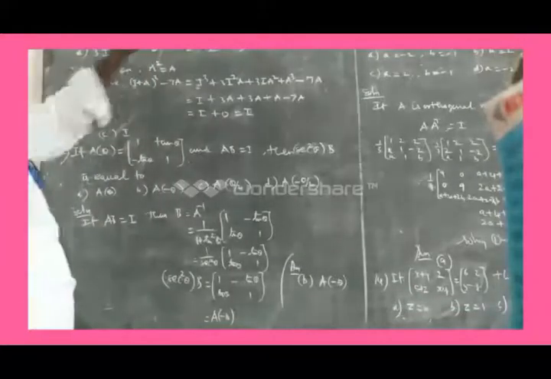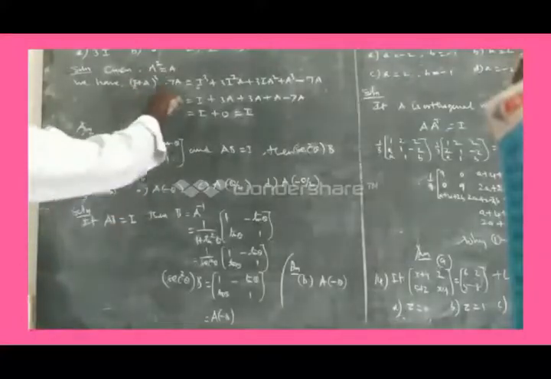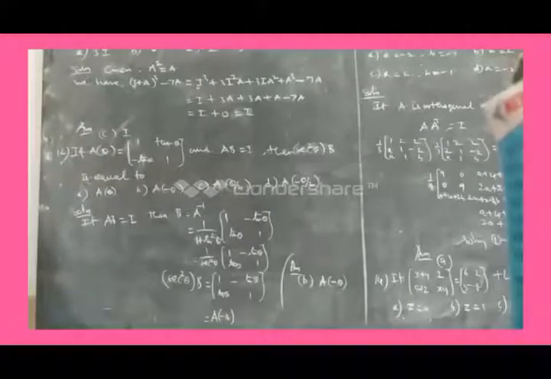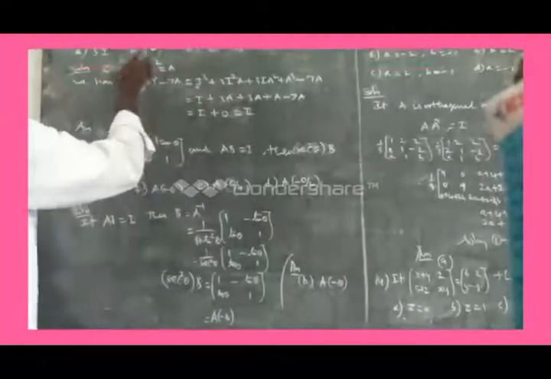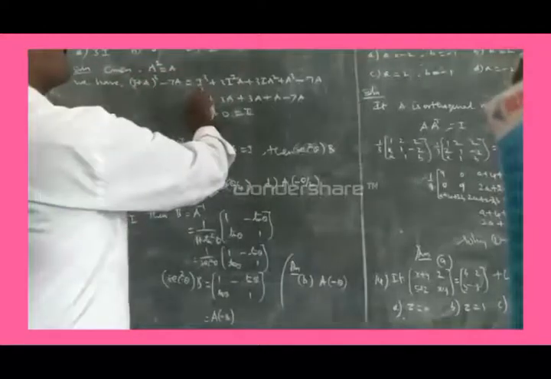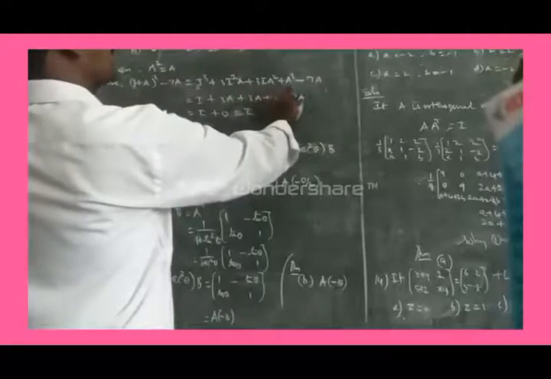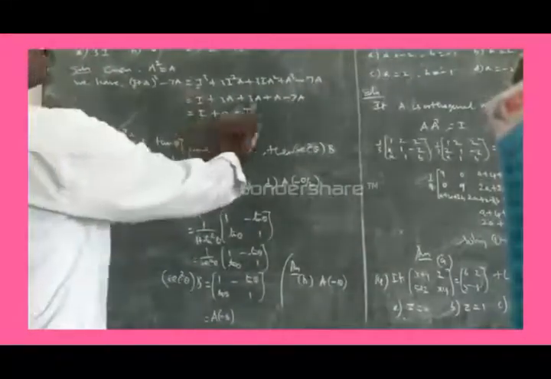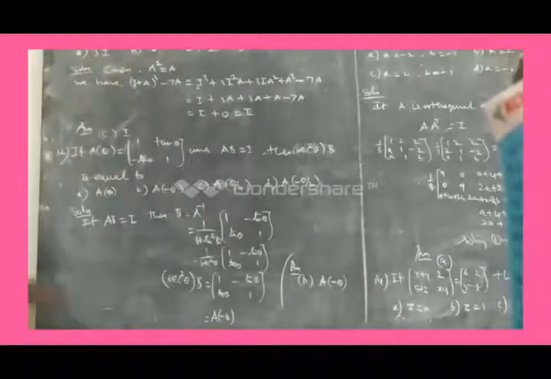Given A square equal to A. So we have (I plus A) whole cube minus 7A. Using the (A plus B) whole cube formula, I cube plus 3 I square A plus 3 I A square plus A cube minus 7A. So finally I plus 0 equal to I. So option C is correct, I.